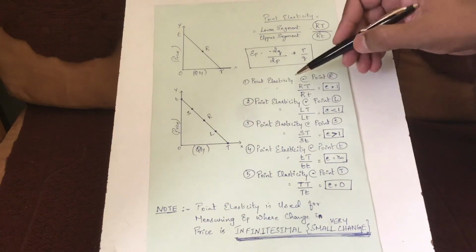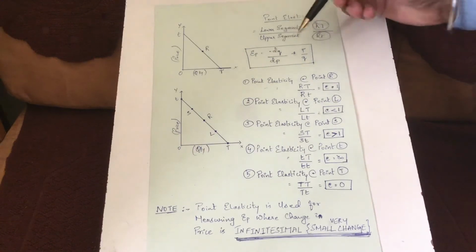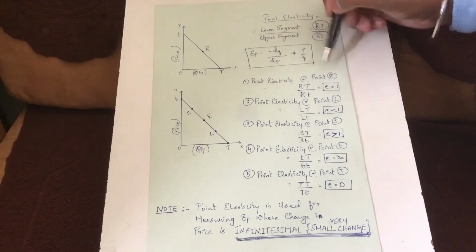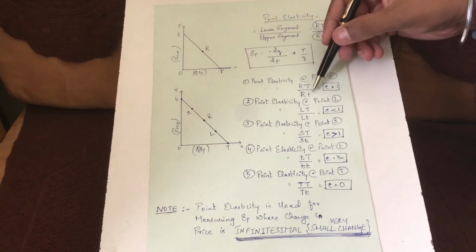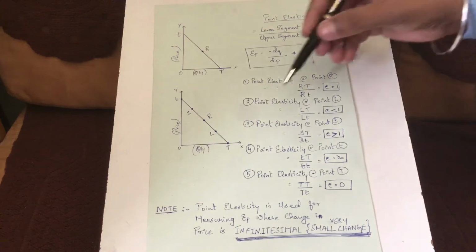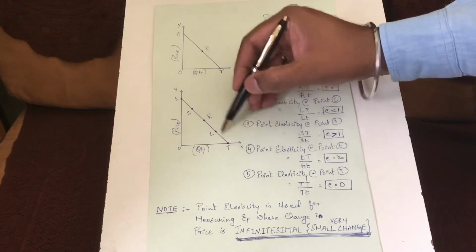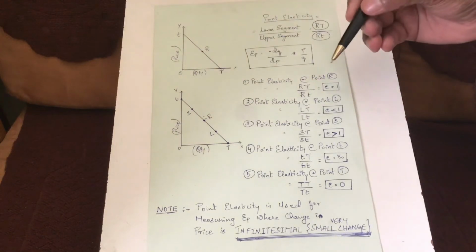I have given you 5 different varieties to arrive at point elasticity, depending on the point of the demand curve where we want to find the elasticity. That is the responsiveness. First one, point elasticity at point R. That is R capital T divided by R small t, where E, that is elasticity, should be equal to 1, because this whole thing divided by this whole thing should be equal.